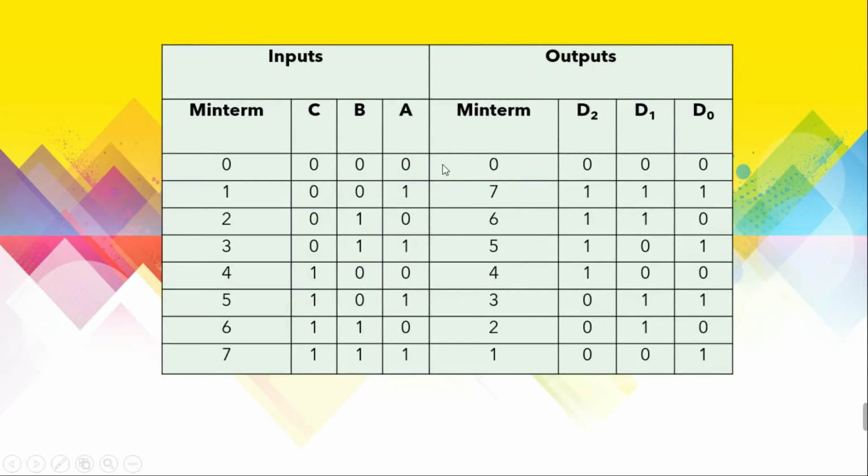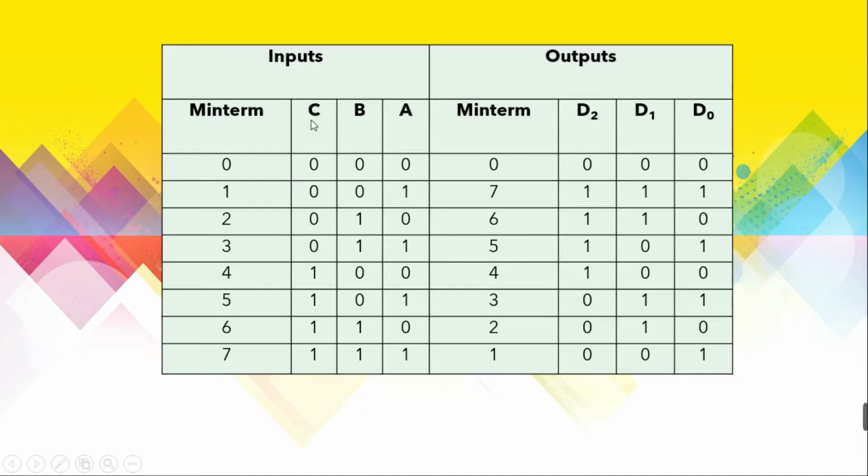Alright, this is the truth table of our experiment. There will be some inputs and some outputs. At the input part, I'll be inputting numbers from 0 to 7 using 3 bits of binary. There are 3 different bits: C, B and A, and I'm assuming that C is my MSB.